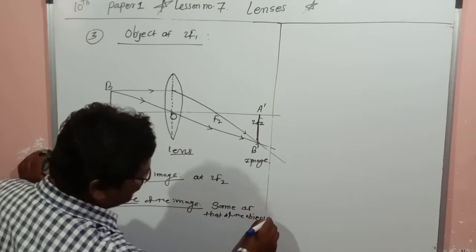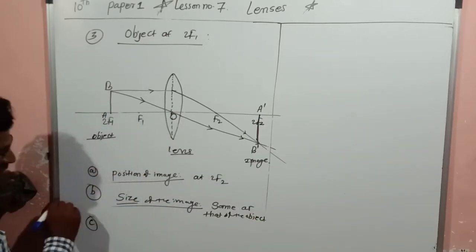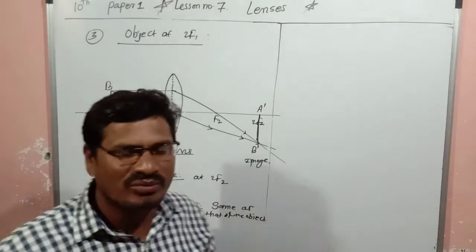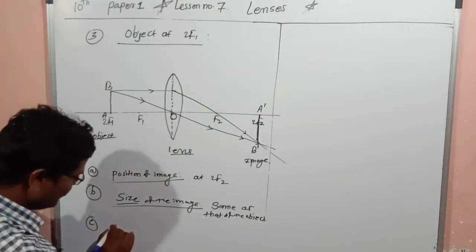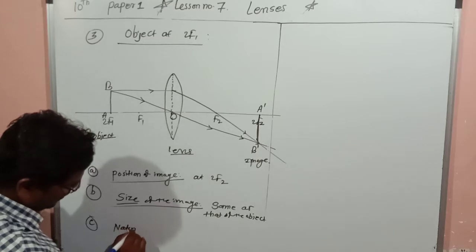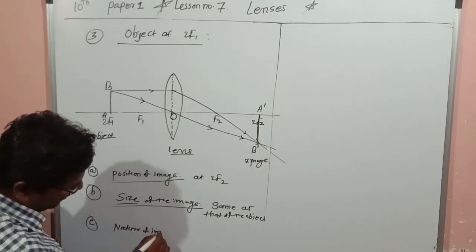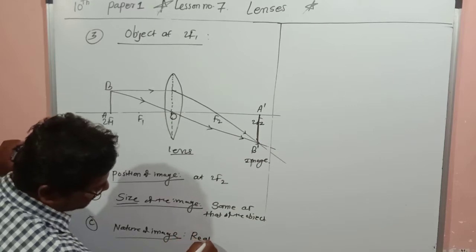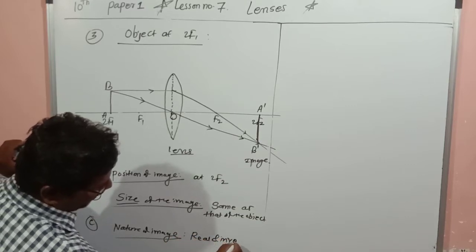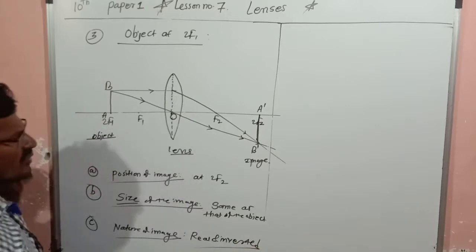That means it will be equal to the object. C point: what will be the nature of the image? Nature of image will be real and inverted.